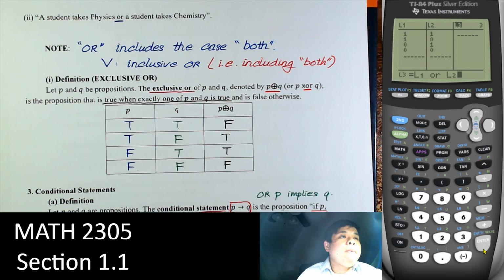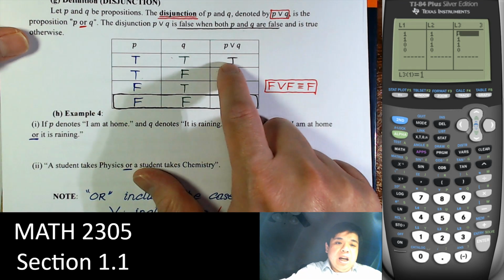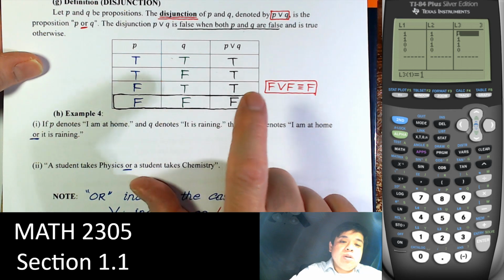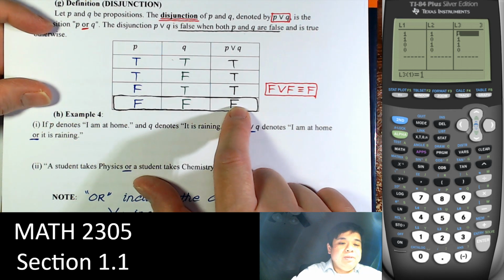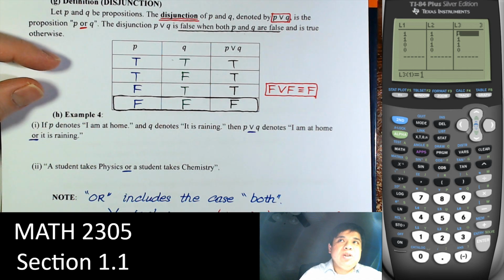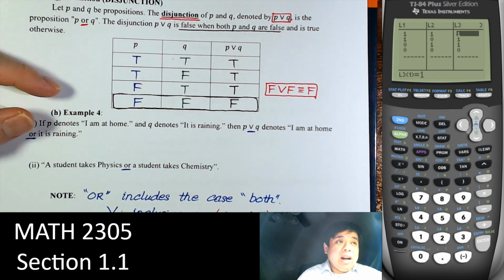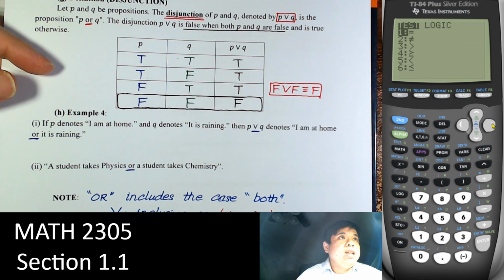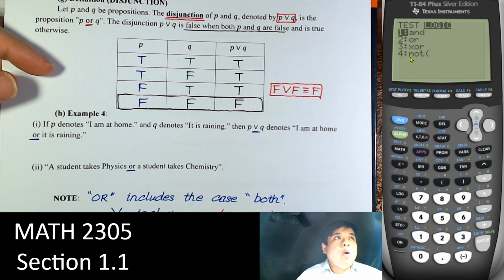L2. Right, as you see, it is true everywhere except false, false is false. For all false, it is false. Right? So yeah, the calculator works. Alright, XOR, of course, second test, you certainly see the exclusive OR or the negation.